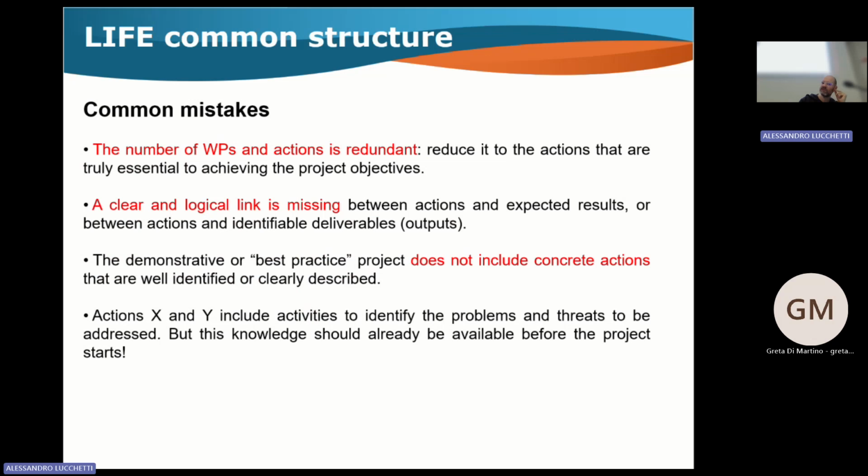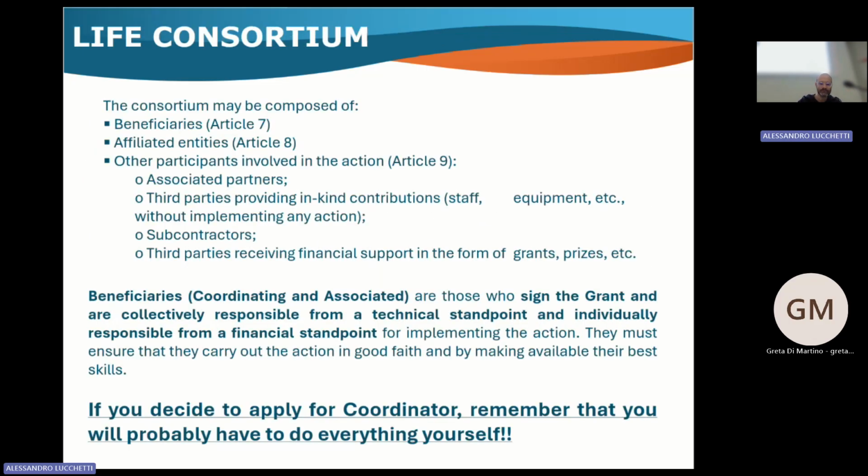Other mistakes can be the number of partners and actions being too big, or no logical link between all the actions and the results, objectives, actions and results. Or not including concrete actions. If you write a project which is just theory, okay, it is not a good approach.